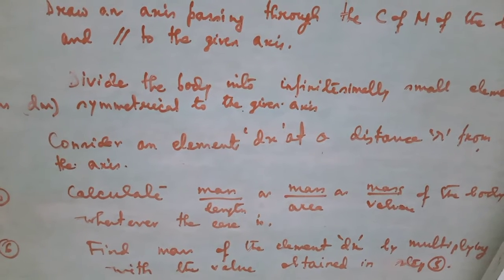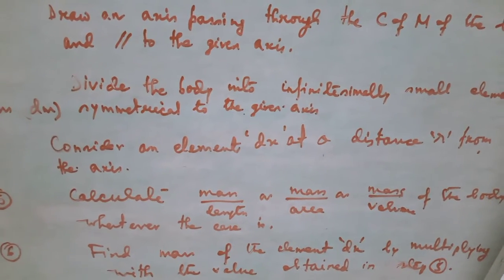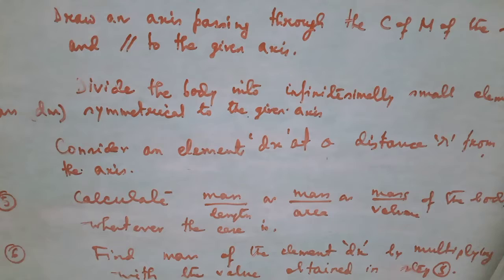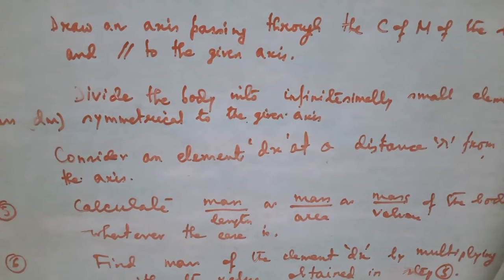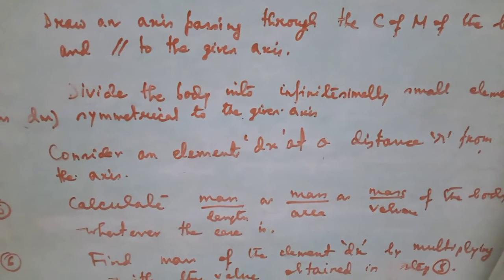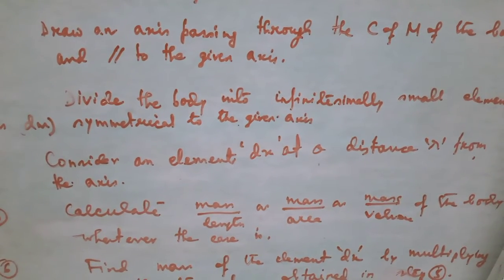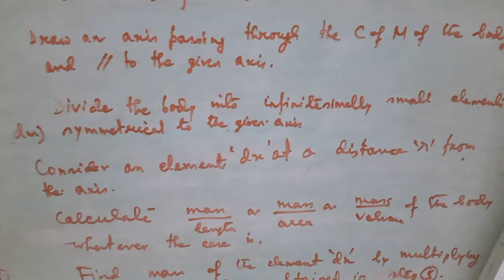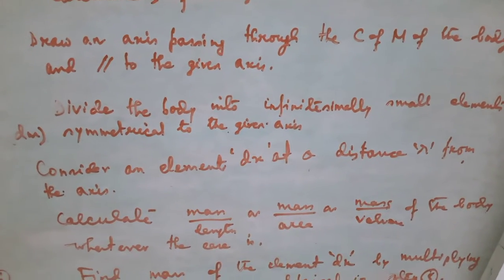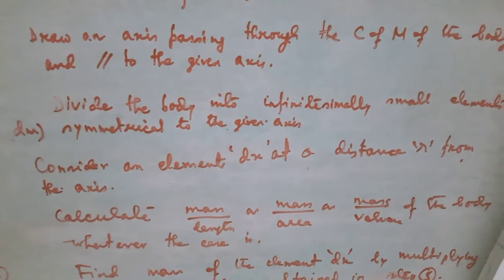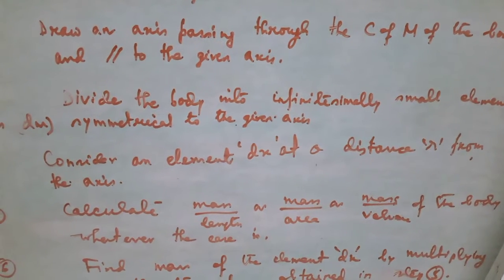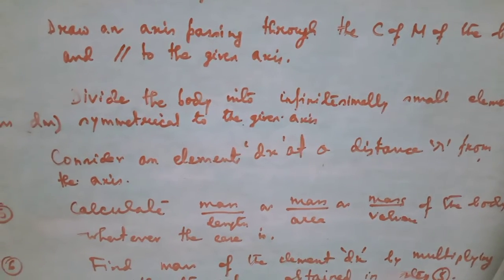Because per unit length, if I consider that the mass of a body for 1 unit length is equal to mass by length, then for dx length it will be mass by length into dx. Similarly, for 1 meter square area, if the mass is mass by area, then for dx it will be mass by area into dx. In this manner you have to calculate it.